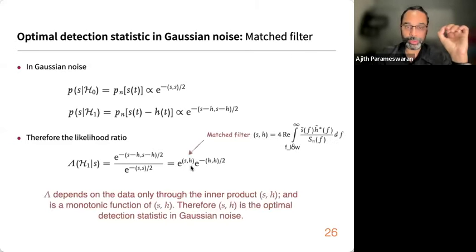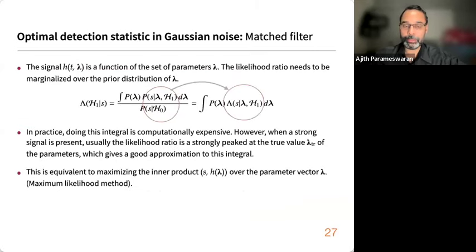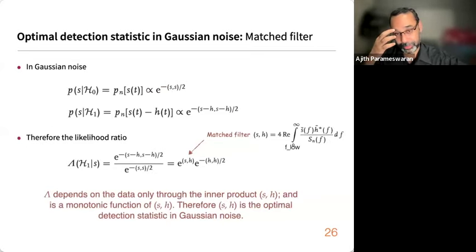The likelihood ratio is a monotonic function of the inner product of the data with the signal model H. So if you want to detect some signal H that is buried in stationary Gaussian noise, your optimal method is computing an inner product between S and a copy, or template, of H. This is called the matched filter.